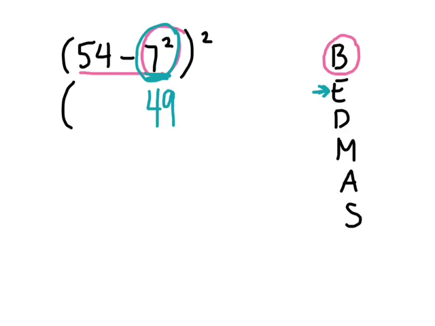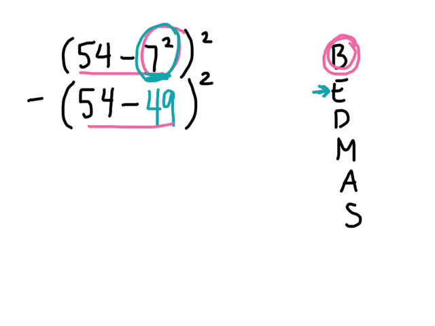So what we have, we still have these brackets. 54 take away 7 squared is the same as 54 take away 49. But don't forget that we still had this exponent to the power of 2 outside the bracket. Okay, so now we can simplify what's inside our bracket.